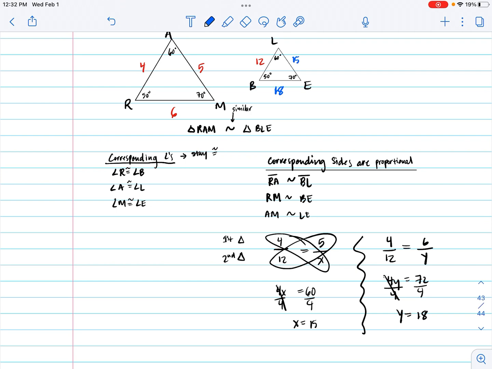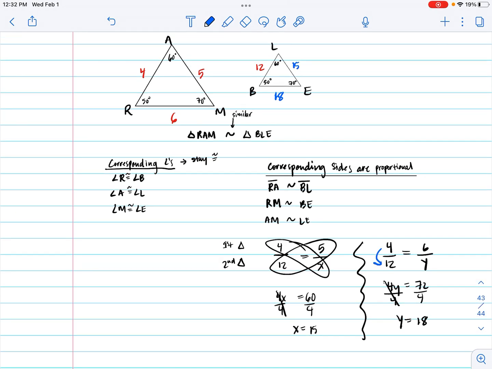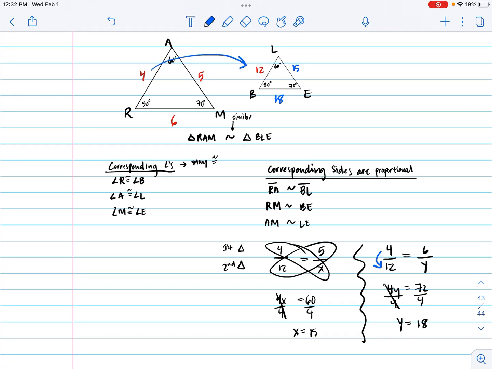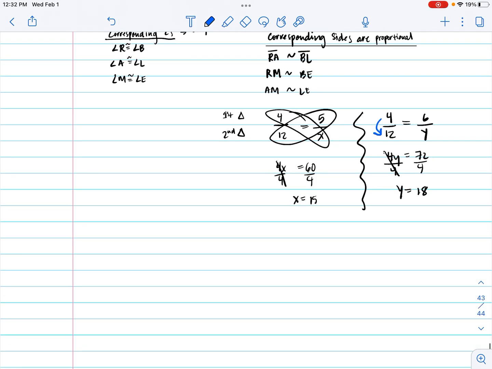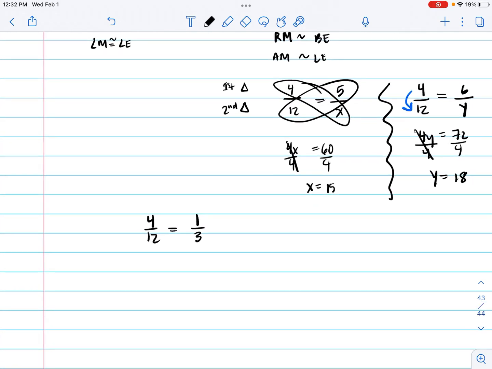And if you notice something, to go from 4 to 12, you can multiply by 3. The same thing happens from 5 to 15 and from 6 to 18. This is what we call a scale factor. Now, a scale factor is a reduced ratio of 2 corresponding sides. In this case, if we simplify 4 over 12, it simplifies to 1 over 3.